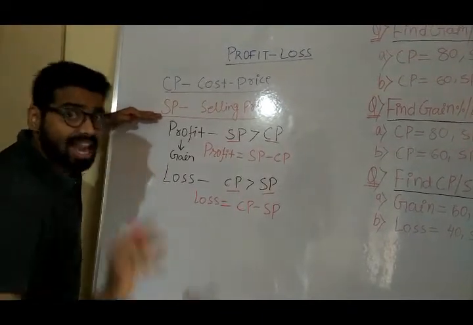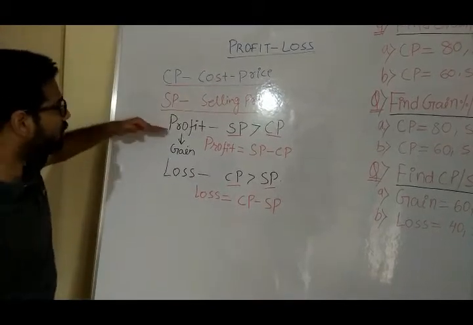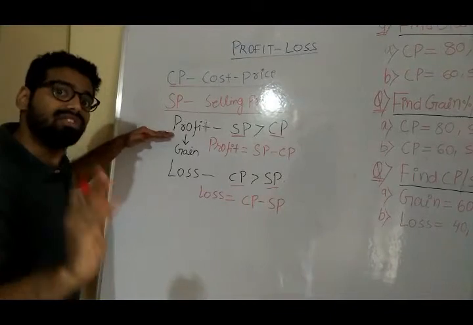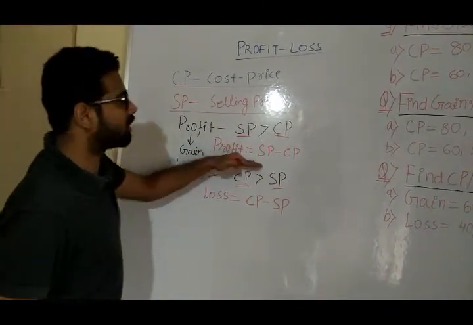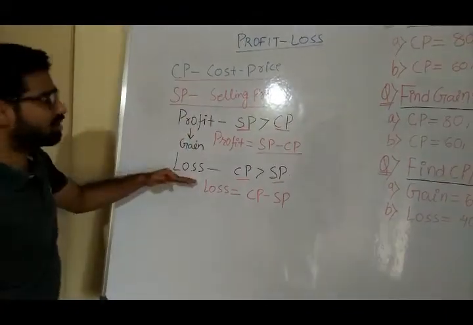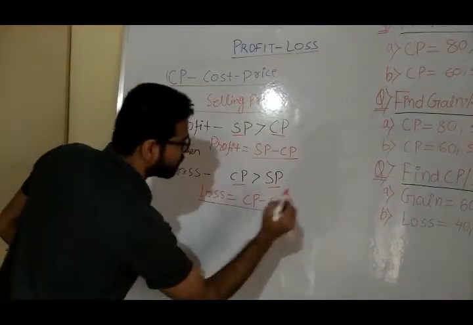When SP is greater than CP, we have profit, and profit is equal to SP minus CP. We should learn this one. When CP is greater than SP, we have loss, so loss is equal to CP minus SP.